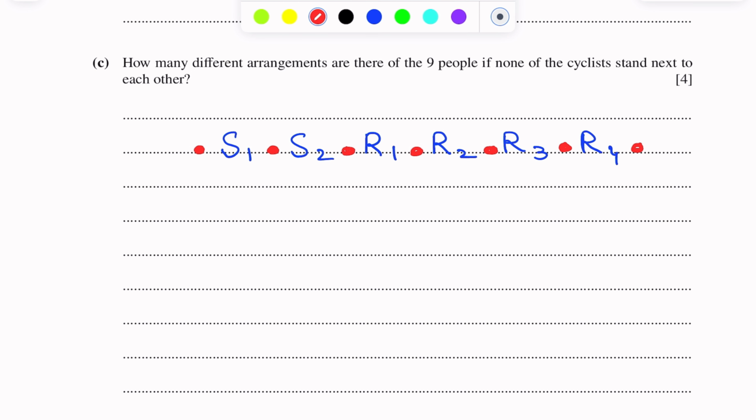So first, 7P3. These are the arrangements of the cyclists. We can arrange these three cyclists in any three places like this.